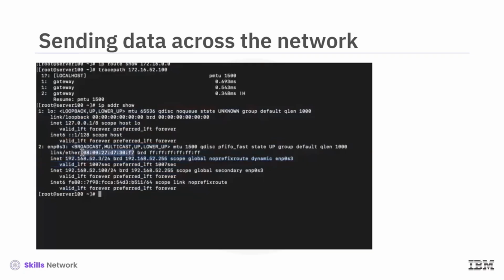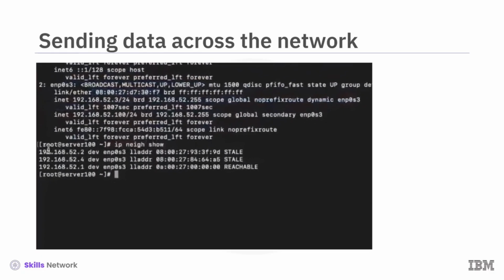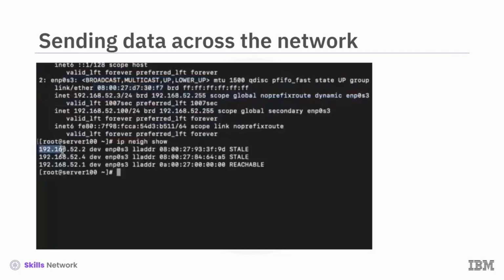Here's our MAC address. If you check the ARP table, you'll see that the ARP table is only populated with devices that are directly connected to our interfaces, meaning from the same broadcast domain. In this case, the only interface you have within this network segment is 192.168.52.324.